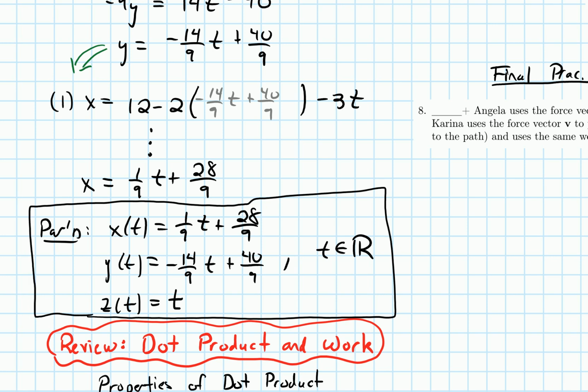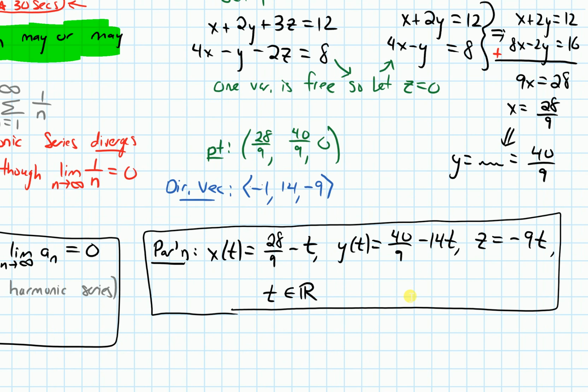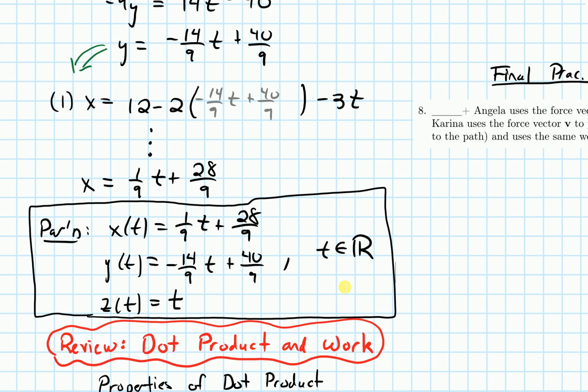So if we compare this to the answer that we got from method 1, let me flip back. They look a little bit different. I do see the 28 over 9, I do see the 40 over 9, and then no extra term with a negative 9t for z. And I see those numbers here as well: 28 over 9, 40 over 9, and then kind of nothing.